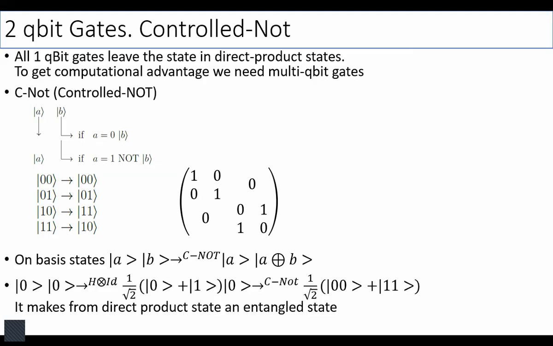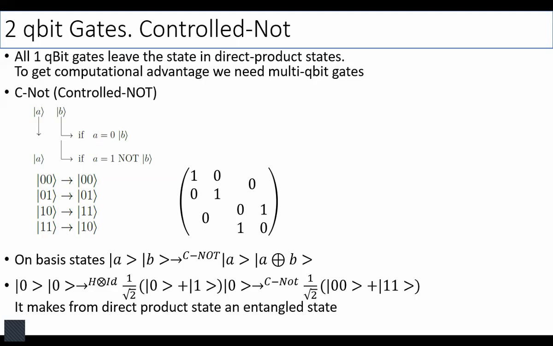And this is exactly the next line here. So if I start with 0,0, I apply Hadamard to the first qubit, so I will get a state like this. And after this, I apply CNOT to those two qubits.